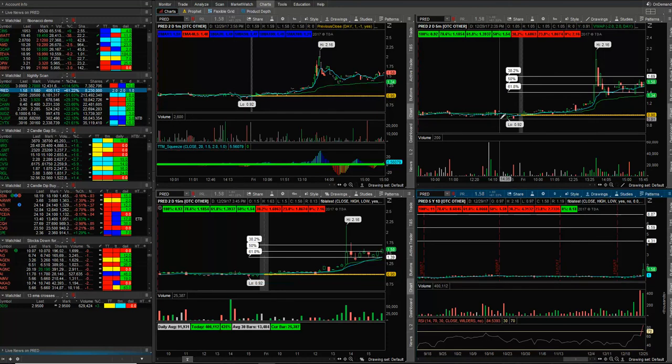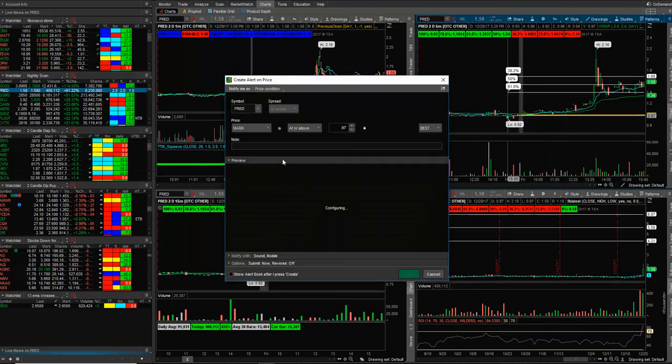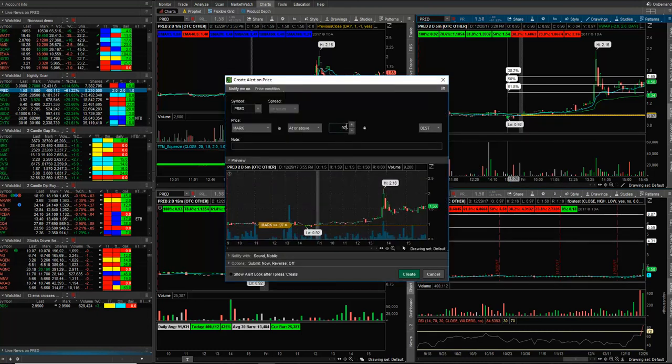I would put an alert at that 92 cent level, to see if it holds 92 cents. Maybe a dip buy swing, I don't know. And you can do that.